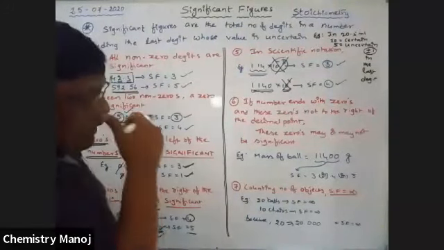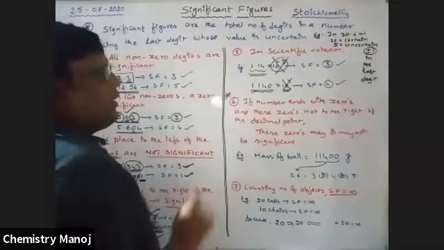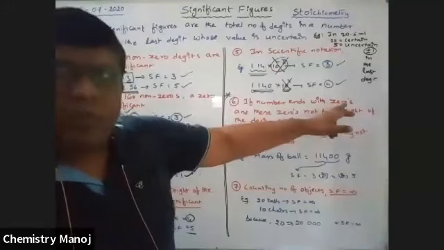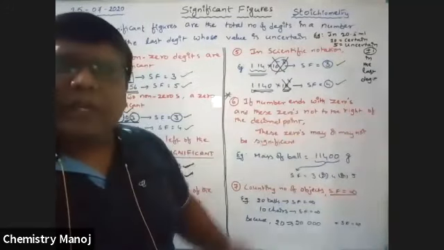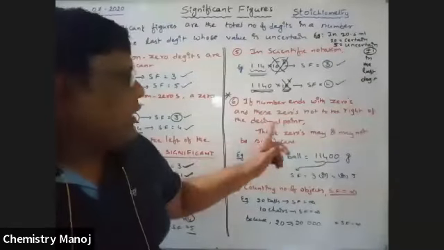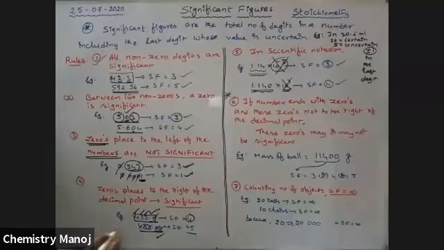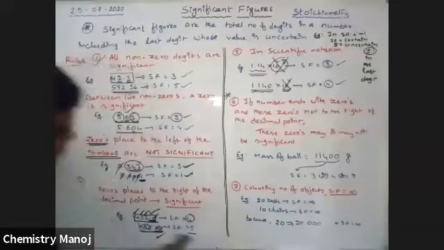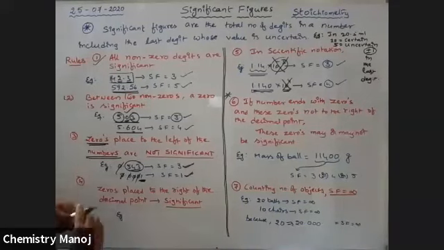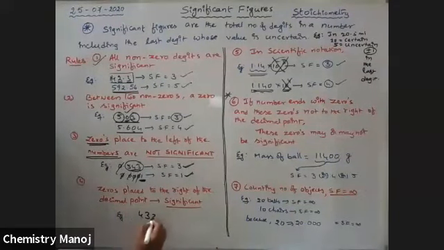Next, very important. See here, if a number ends with zeros and these zeros are not to the right of the decimal point. Here zeros are right of the decimal point, like 433.0 or 433.00.